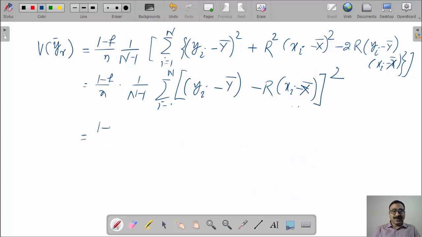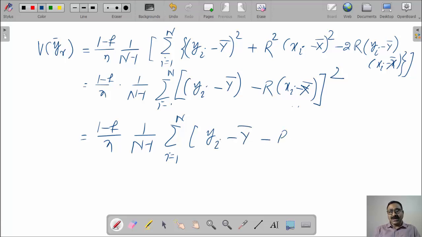Now, this is equal to (1 minus f) by n, 1 by (n minus 1) summation i equal to 1 to n (yi minus y bar minus R xi plus R x bar) whole square, where R is equal to y bar by x bar. So R x bar is equal to y bar, and y bar cancels out.